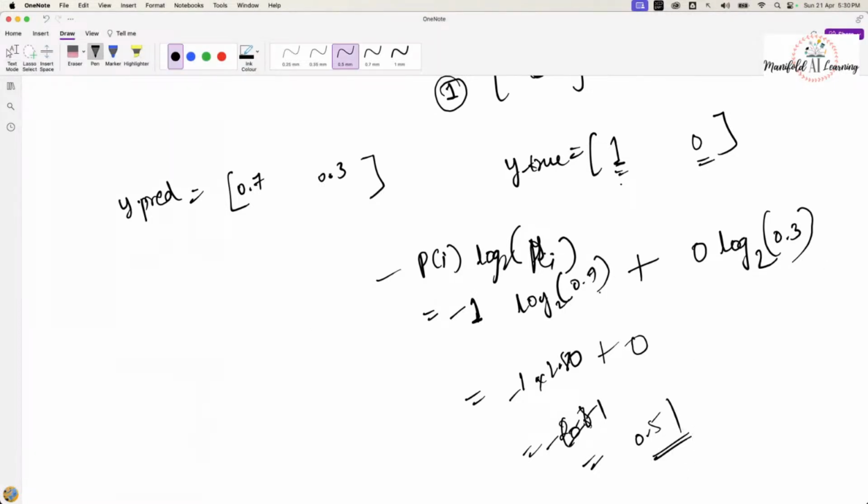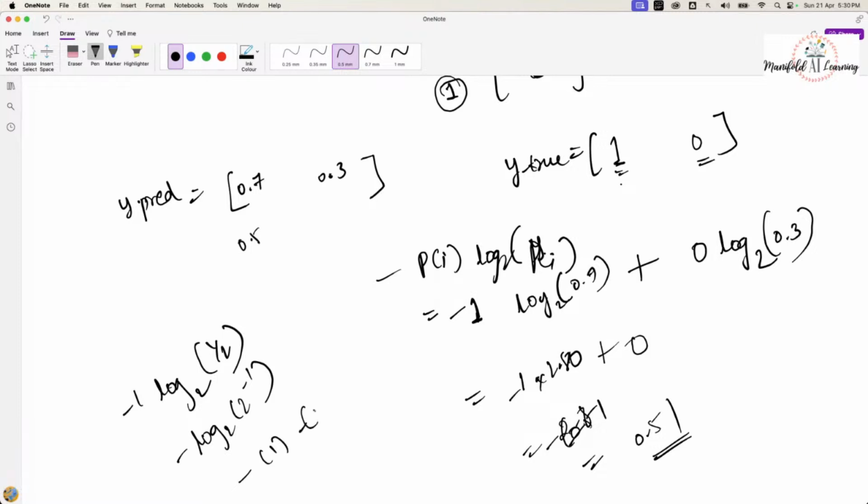At the max, this will be maximum when I'm getting the probability as 0.5. So if this is 0.5, this will be minus 1 times log to the base 2 of 1 by 2, and this will be log to the base 2 of 2 power minus 1. So this will become minus 1 times minus 1 log 2 to the base 2, which is equal to 1. So the entropy will be maximum when the probability is equal to 0.5.